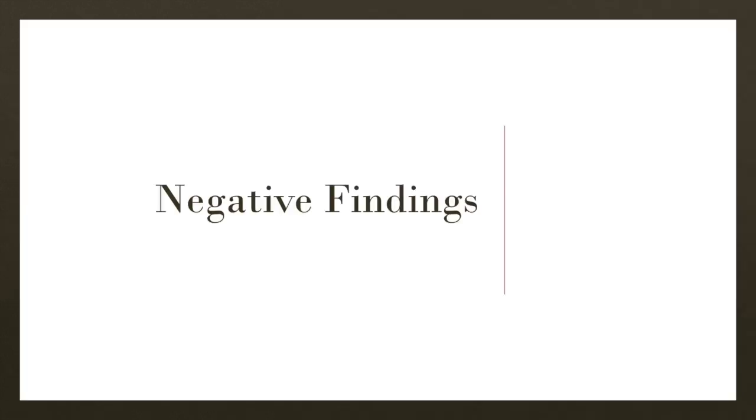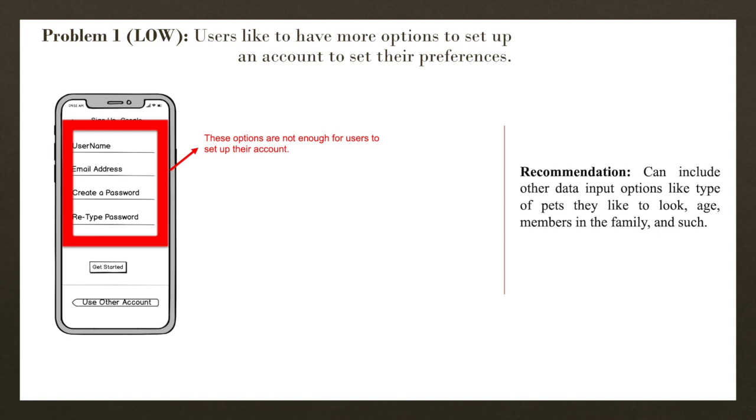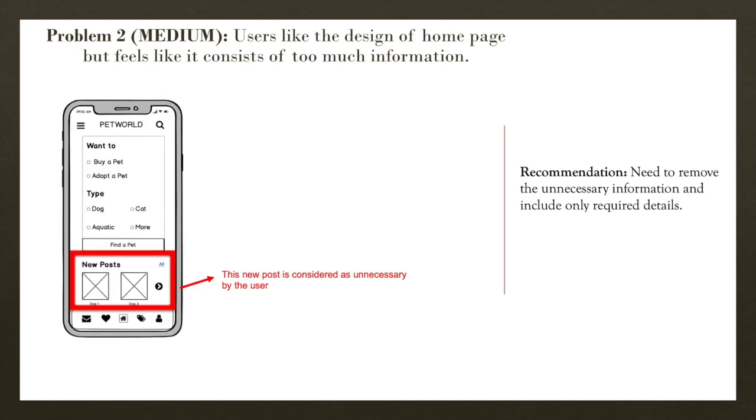And there are some negative findings, and one is they want many more options while creating an account. That is to create some preferences, and this indicates a low priority because creating account preferences is not very important when compared to other findings, in my view.